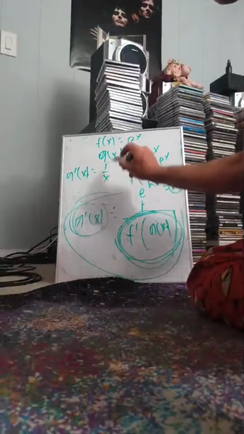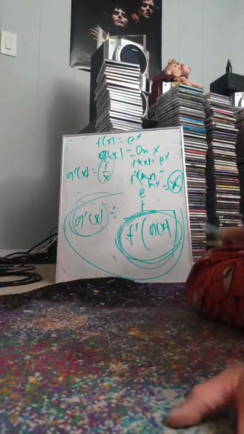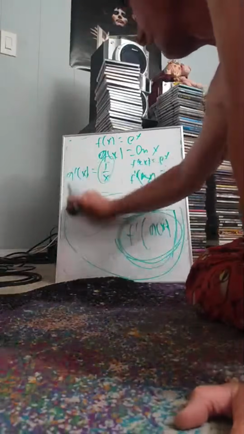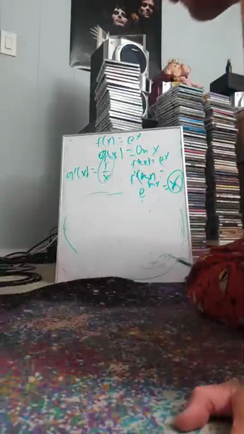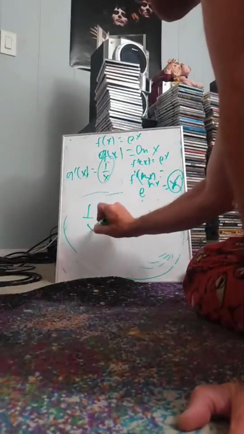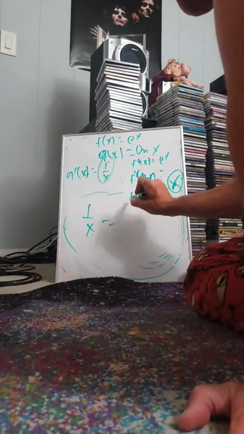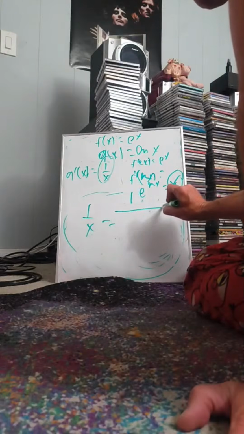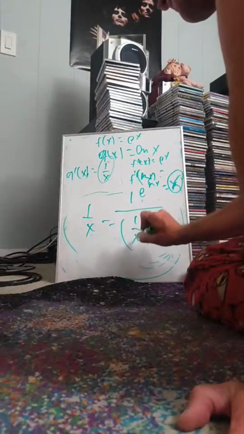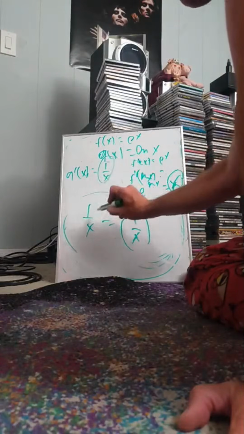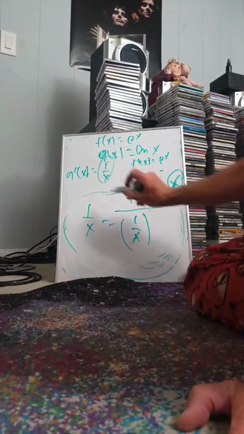This much is 1 over x. Now, for the final verification, then we're done. We see that 1 over x equals 1 over x.